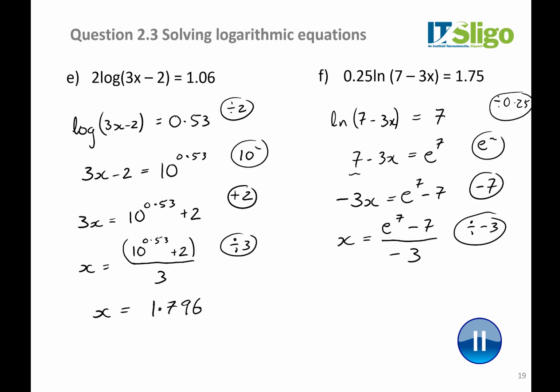Get my fraction function. e to the power of 7 minus 7 and all divided by minus 3. And we get minus, which we'd expect because of the minus 3 on the bottom, 363.2.